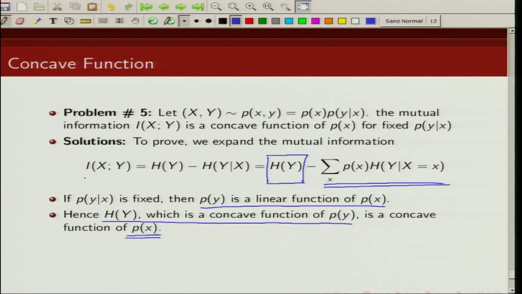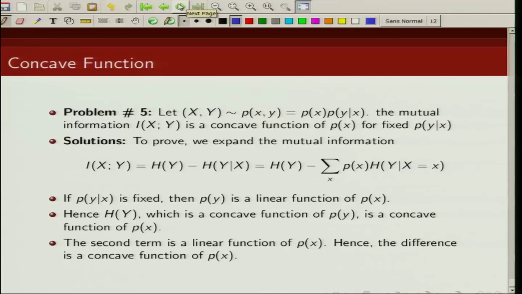So we have mutual information which consists of 2 terms, one which is a concave function of P of x, another which is a linear function of P of x. So the sum of that will also be a concave function of P of x. As I said, since the second term is a linear function of P of x, the difference or the sum will also be a concave function.